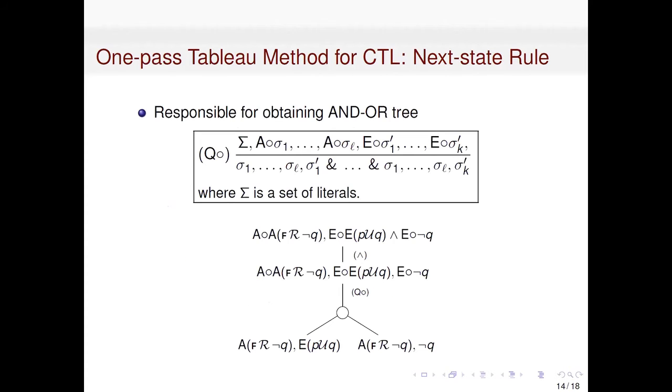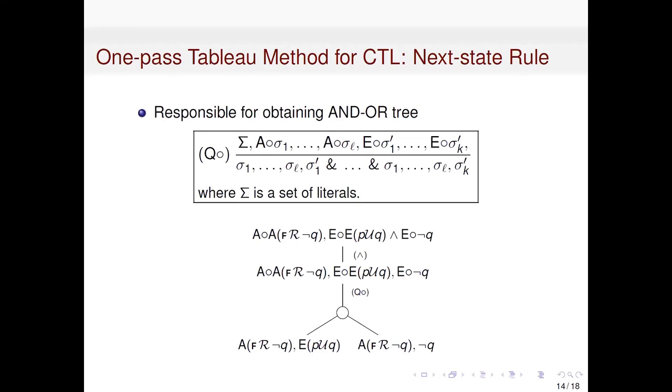The other rule, which I already gave you a hint about, is the next state rule, which generates an and-or tree. So the idea is that if you've got existential quantifiers, they would dictate that you have the branching, but the branching would have to tackle the paths that are supposed to satisfy this existentially quantified formula. And of course, we propagate the arguments of the for all formula by this next rule, generating and successors in this and-or tree.